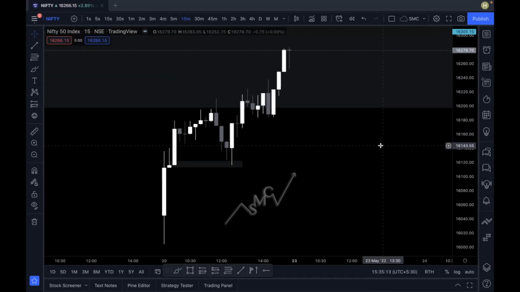Obviously, if it's a bearish market, you can't expect longs to take all the liquidity and give you all your targets. So it's pretty simple, but also pretty complicated as far as I've understood from what people say. So I'll just break it down very simply in that video, and I think it'll be out maybe tomorrow or day after.